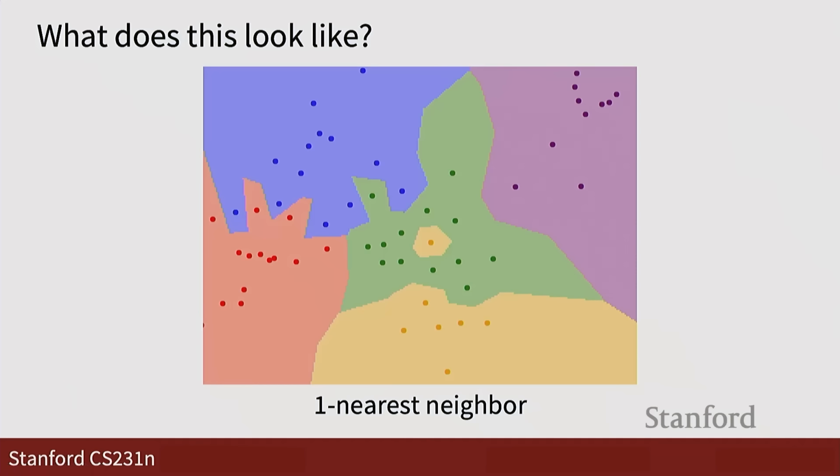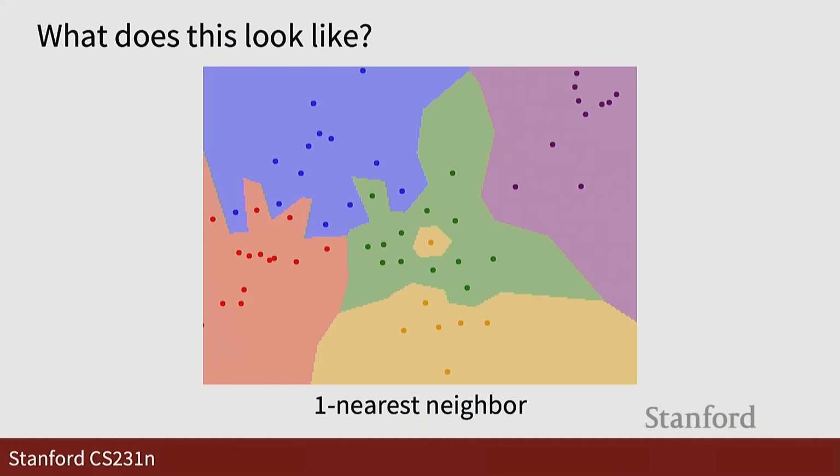If we have a testing sample that is in that specific region, the color of that region shows what the nearest neighbor for that sample will be. So this is the one nearest neighbor algorithm partitioning the space in this setting.